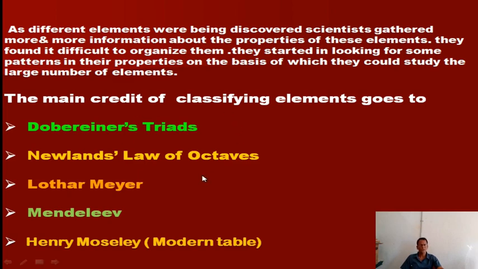Classification of elements means systematic arrangement of elements in a tabular form. The similar elements are grouped together and separated from dissimilar elements. Let us discuss the different periodic laws stated by different scientists for the arrangement of elements in a tabular form.